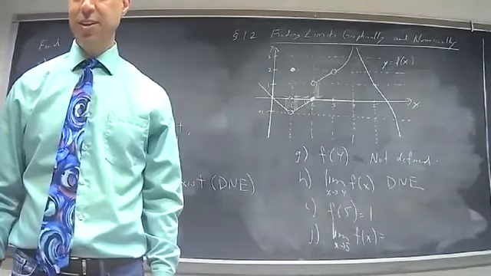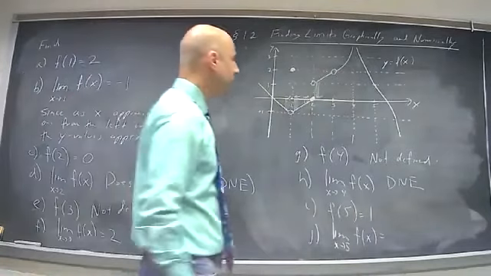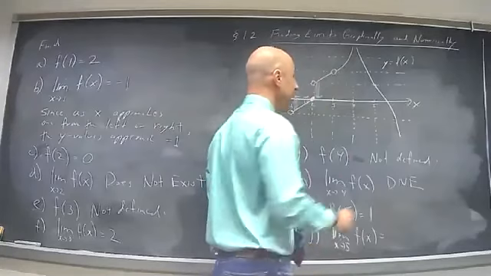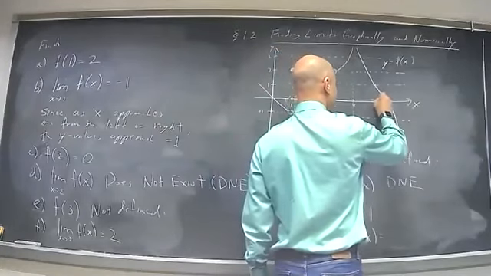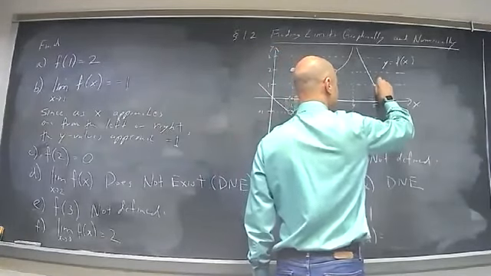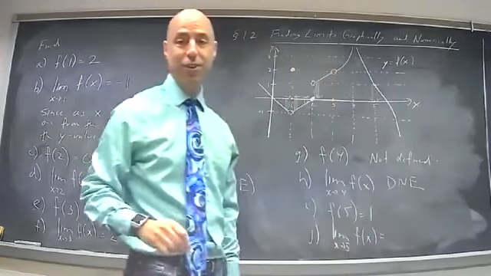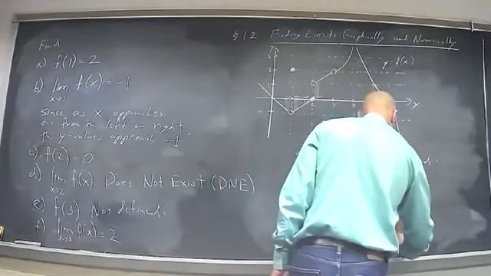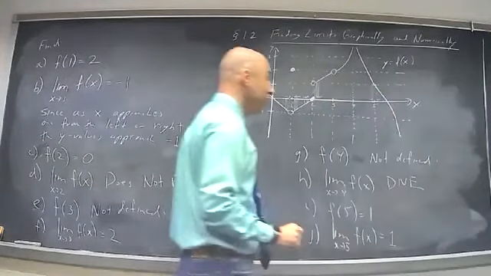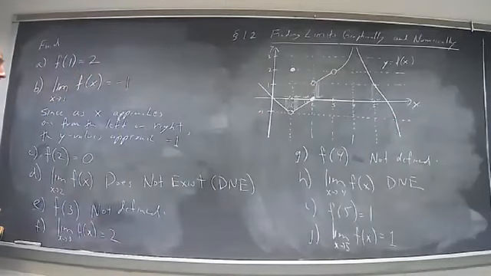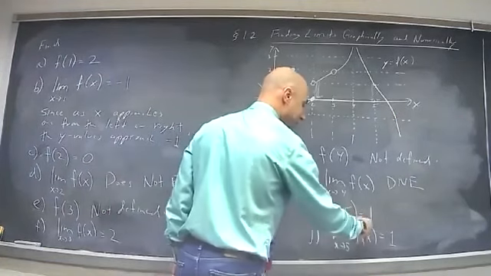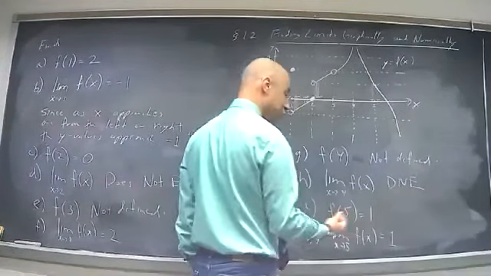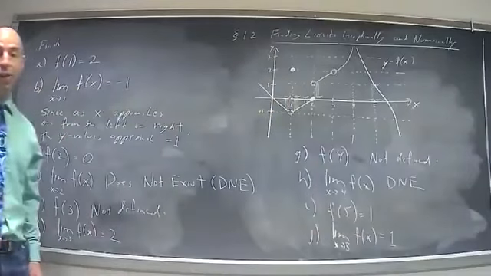Well, there's no hole, but as I get closer and closer to x equals 5 and plug in y values, what are they getting closer and closer to? 1. They're getting closer and closer to 1. You're absolutely right. So just because there's no hole doesn't mean that the limit doesn't exist. All the limit means is as x gets closer and closer to whatever number is here, what's happening to the value of f of x? In other words, the y values, if we have a picture like this.